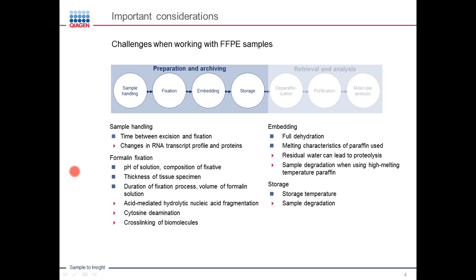On the other side, overfixation can result in more extensive cross-linking, which makes extraction of usable nucleic acids and proteins more difficult. But then also paraffin embedding, as well as the final sample storage, may influence the sample quality and thus your final result. And with all of that being said, of course, also then the DNA purification process itself needs to be considered.